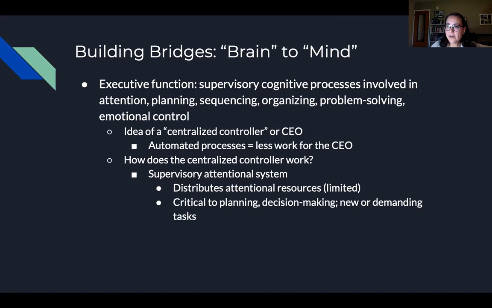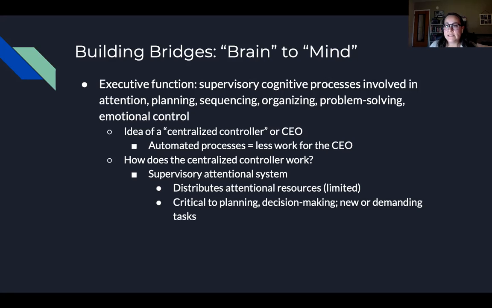And so there have been a variety of theories proposed about how this central executive calls the shots when it comes to executive function. One of the most prominent has been the idea of the supervisory attentional system. The idea here is that there's a supervisory system that is not only in charge of directing where resources go for attention, but that these resources are particularly limited.